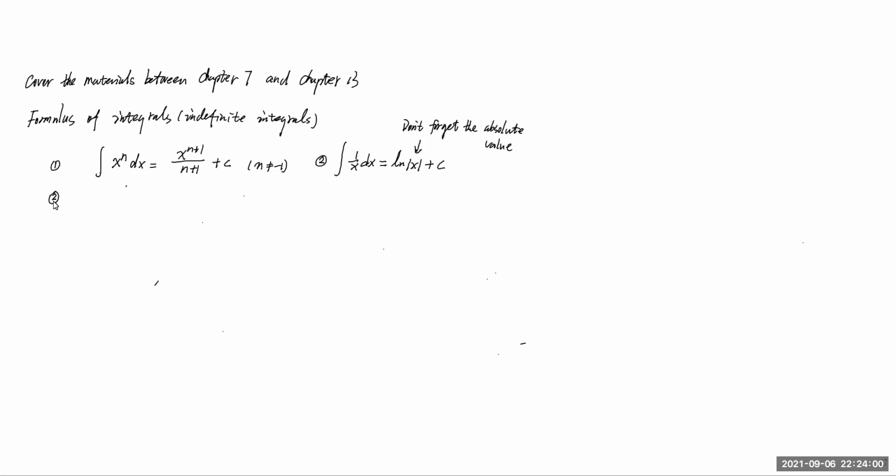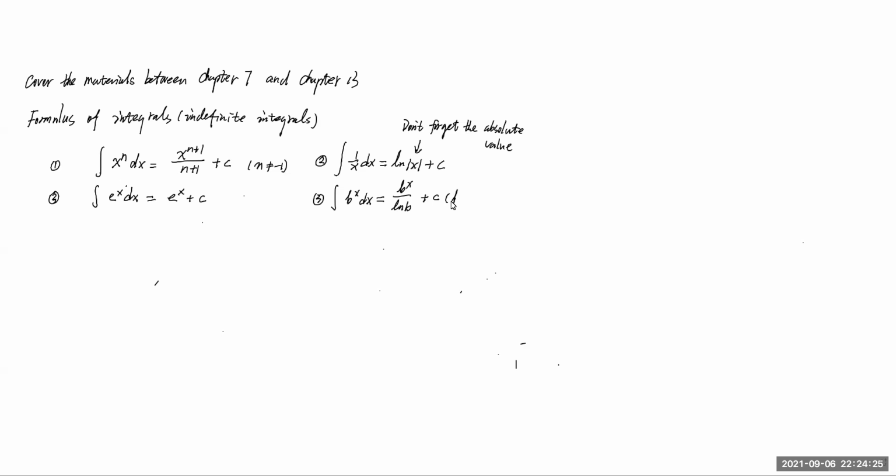And the third one is e to the x dx, the antiderivative is e to the x plus c. And the fourth one is b to the x dx, this is b to the x over ln b plus c.